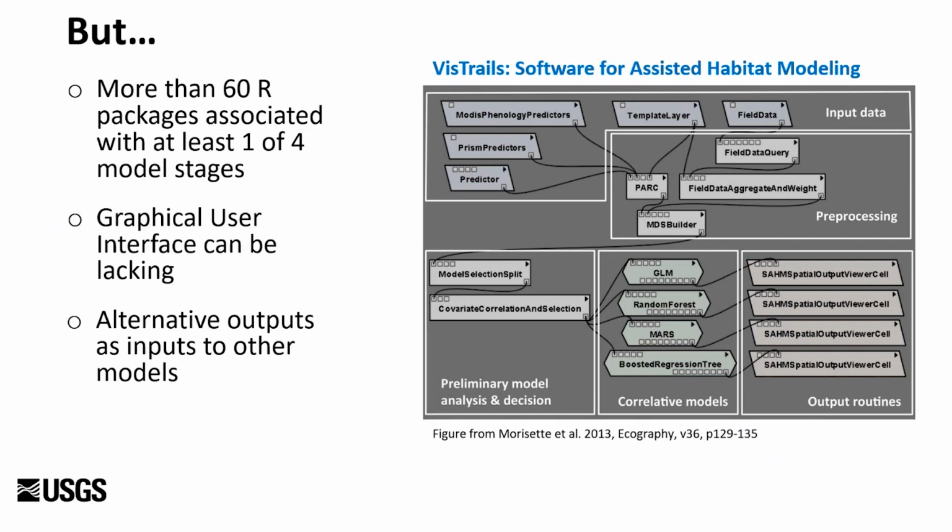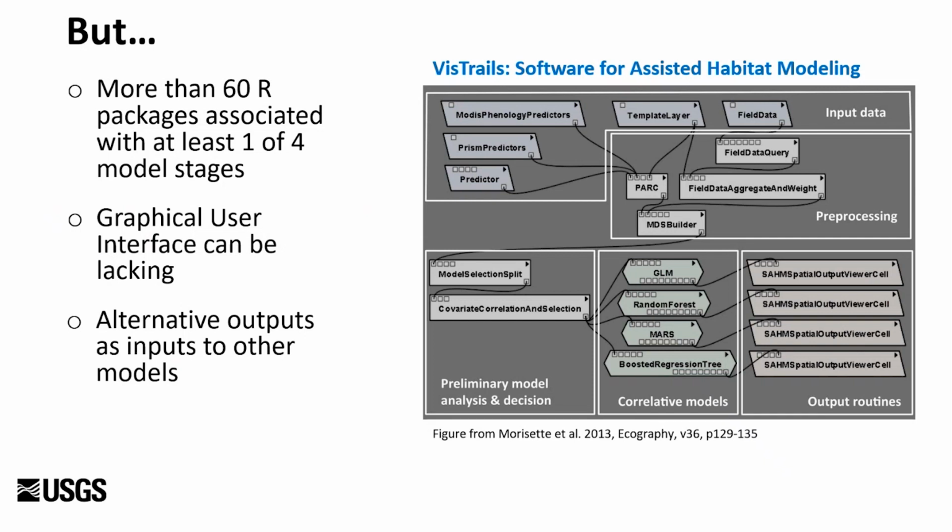A graphical user interface can often be lacking. So for those that have talked here about their RPTSD, having that kind of interface is useful. And I think it's been shown through various talks at the conference here, there's alternative outputs from these types of models can feed into STSIM models. And so having a better connection there could be useful.